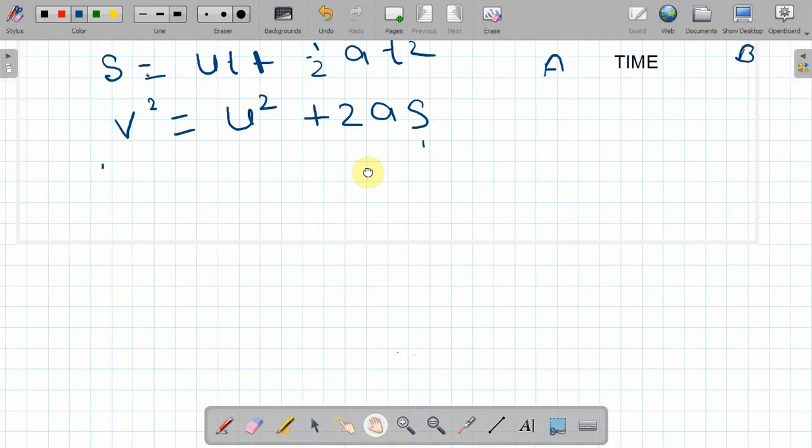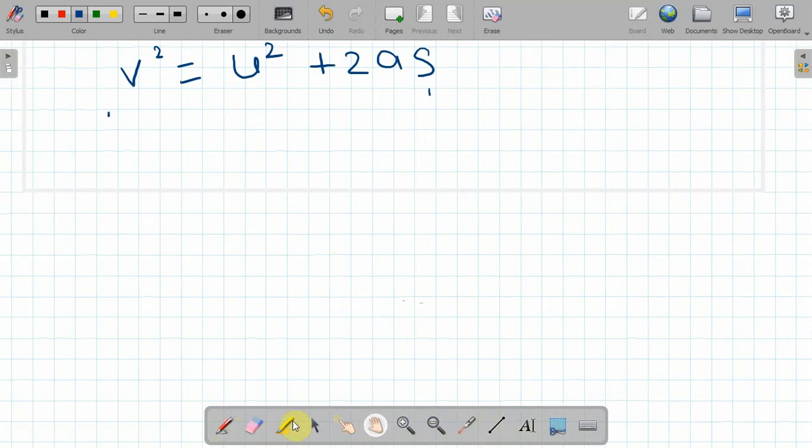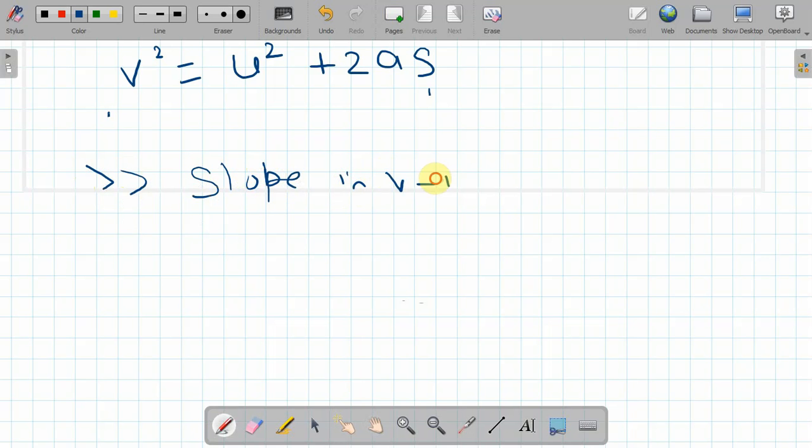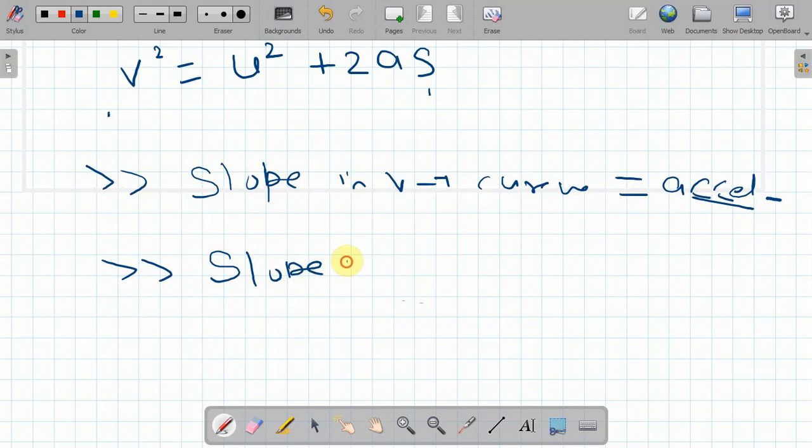And moving forward, one more concept is important that you should always remember: the slope in a velocity time curve is acceleration, and the slope in a distance, or better say displacement, time curve will give you velocity.